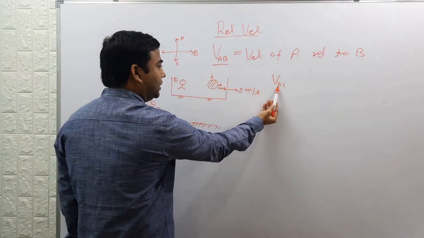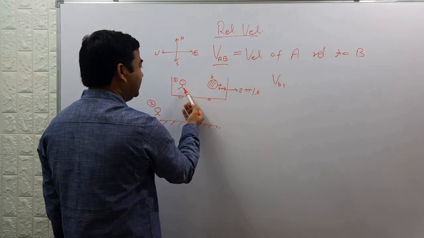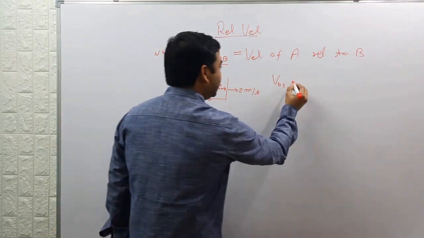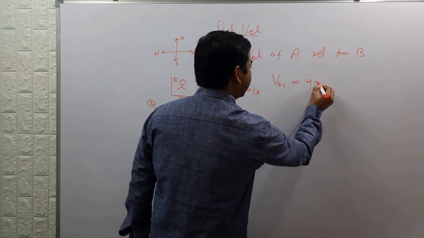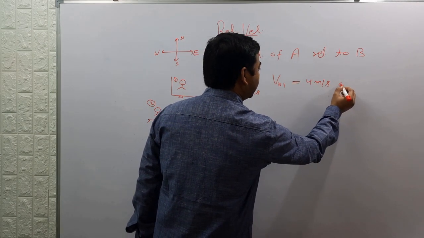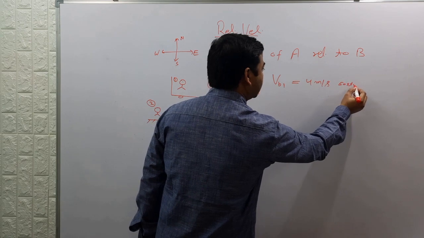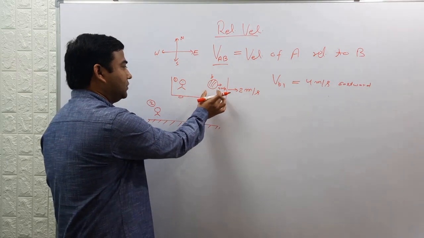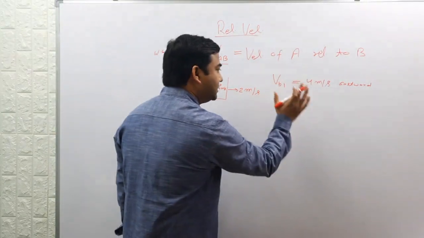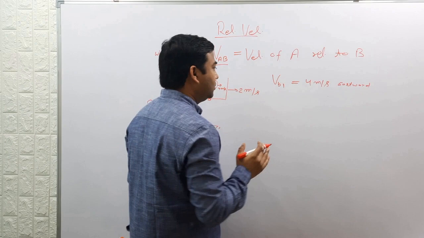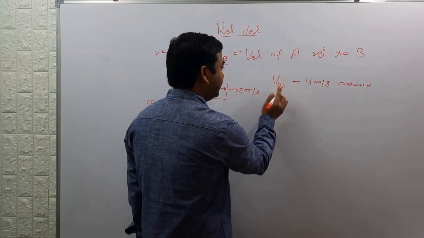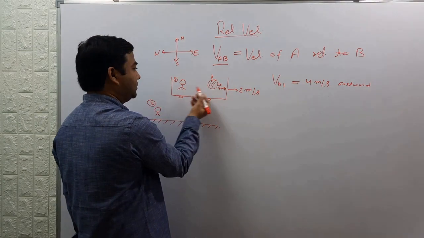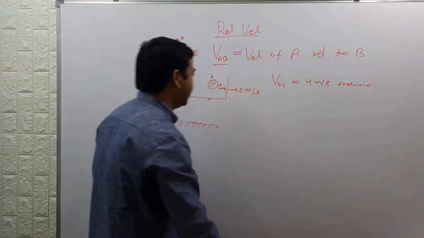Relative velocity of the ball with respect to observer 1 is 4 meters per second eastward. We can represent VB1, and this is a vector quantity. VB1, velocity of ball with respect to observer 1, is 4 meters per second eastward.